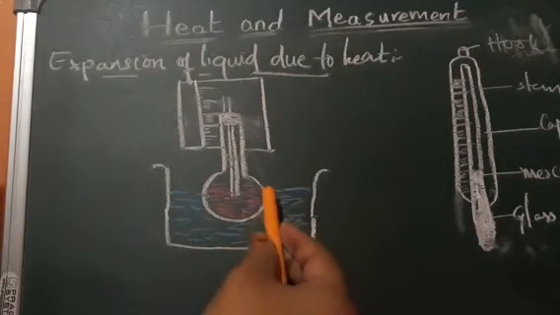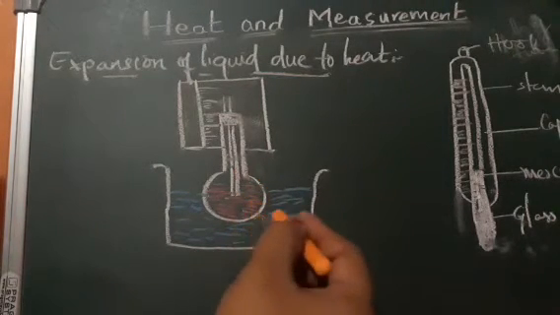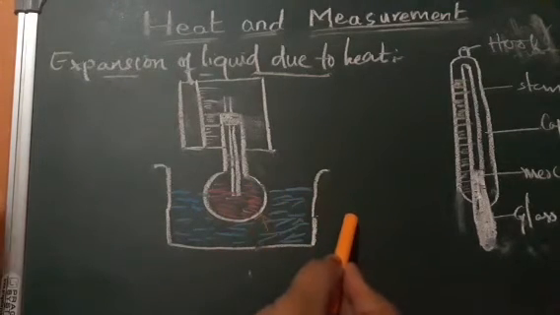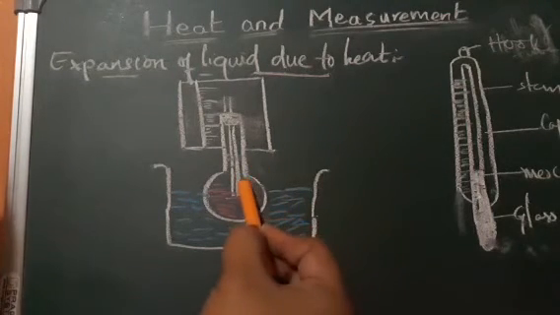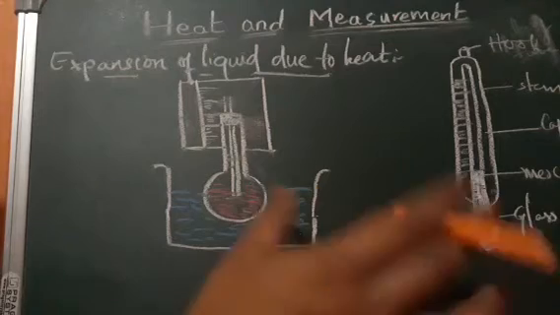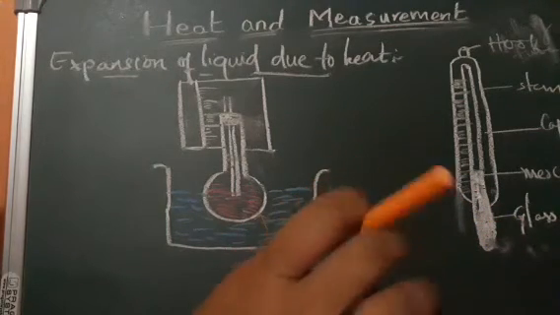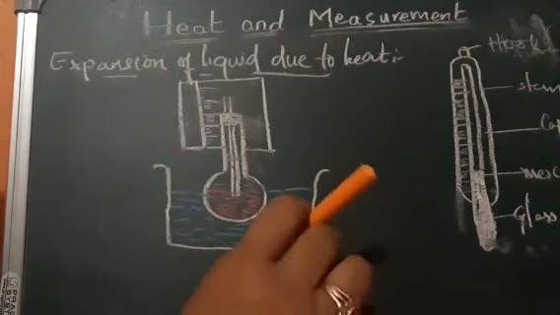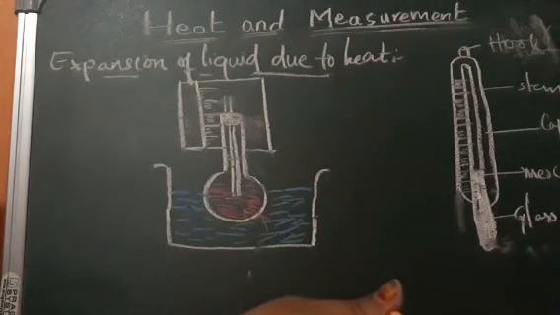Okay, and when we remove this water and place it out here, we will see that this colored water gets contracted again. That means on cooling it gets contracted, that is, the temperature falls down again.